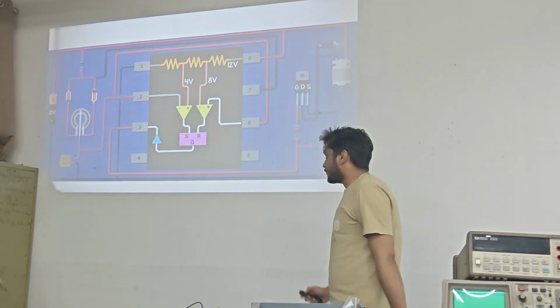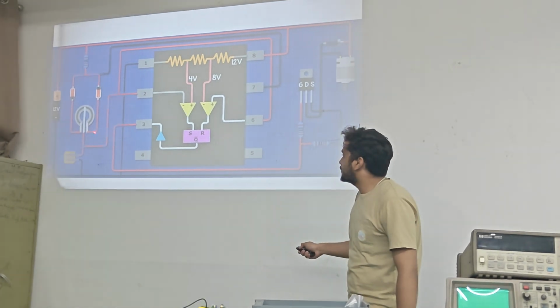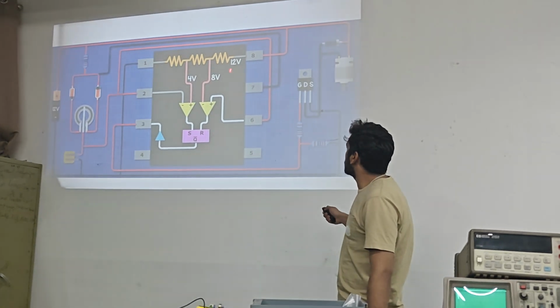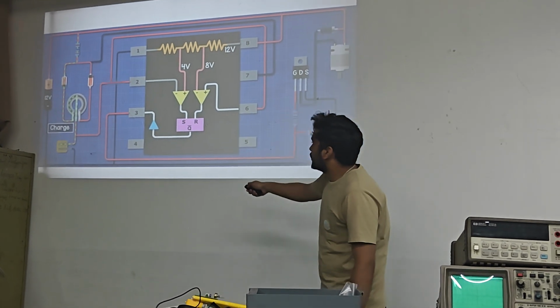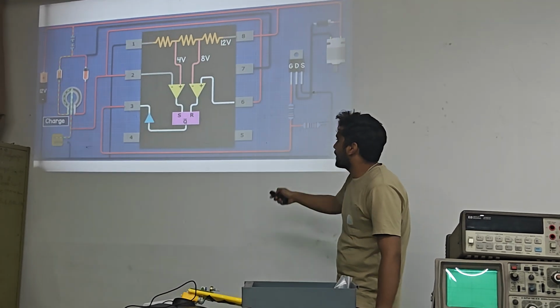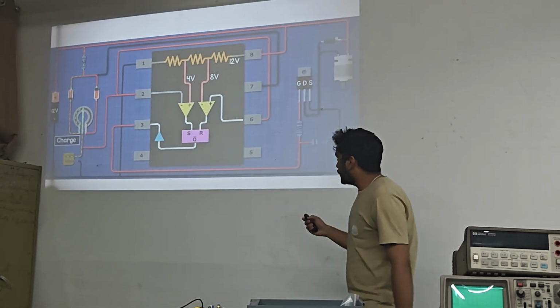This is the charging path, right? And then this is the discharging path connected to pin number 7. Through this path the capacitor charges, and from this path the capacitor discharges. I will talk about that.